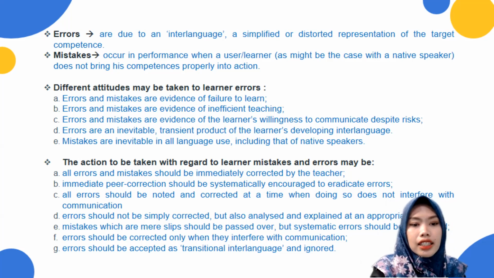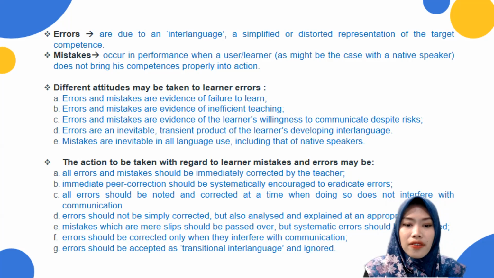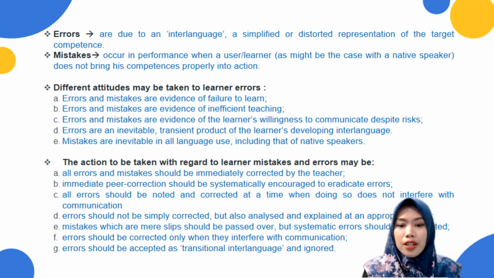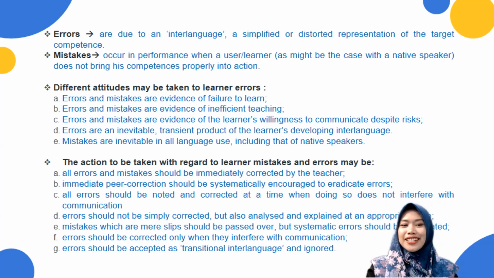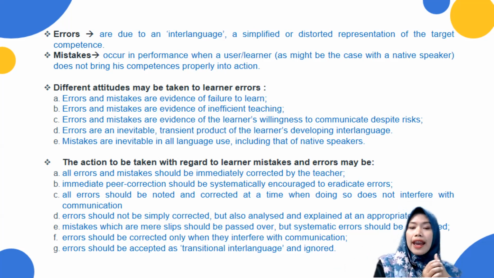And then the action to be taken with regard to learner mistakes and errors may be: all errors and mistakes should be immediately corrected by a teacher, okay? Immediate peer correction should be systematically encouraged to eradicate errors. All errors should be noted and corrected at a time when doing so does not interfere with communication.